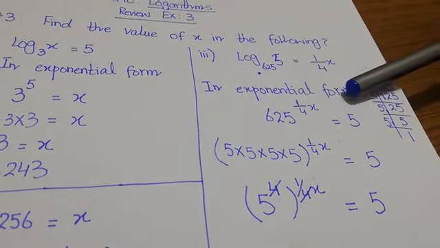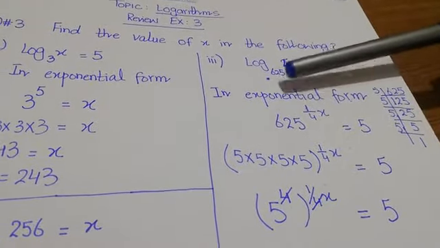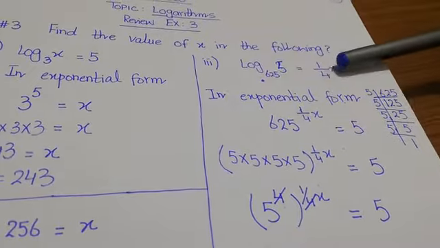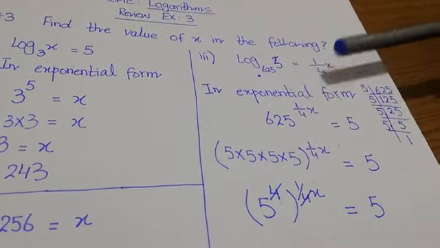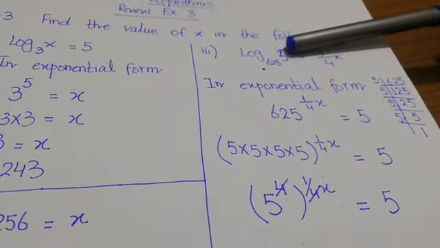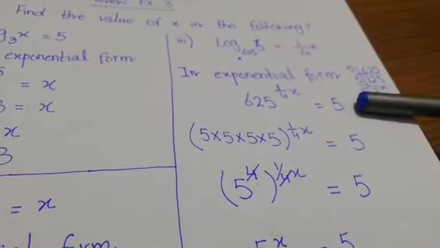You all will know in exponential form, base remains base. So 625 will remain here and 5 and 1 by 4x will change their positions. So 1 by 4x will become the power of 625.